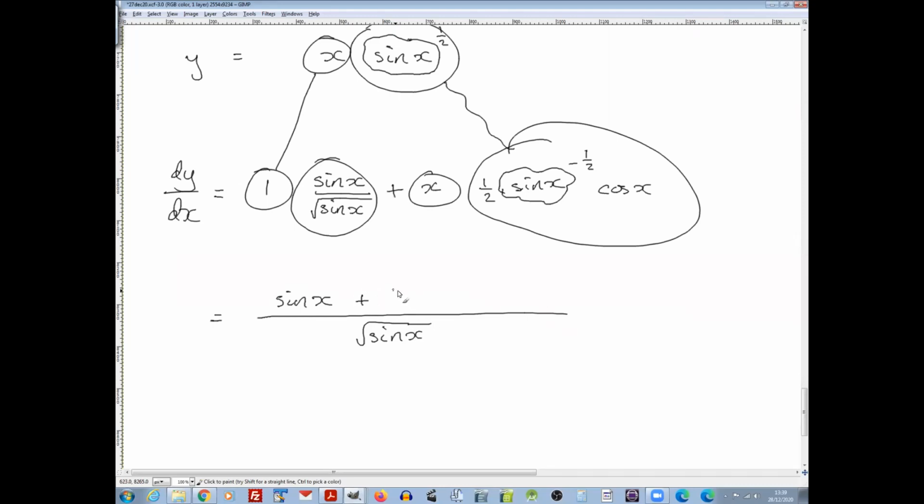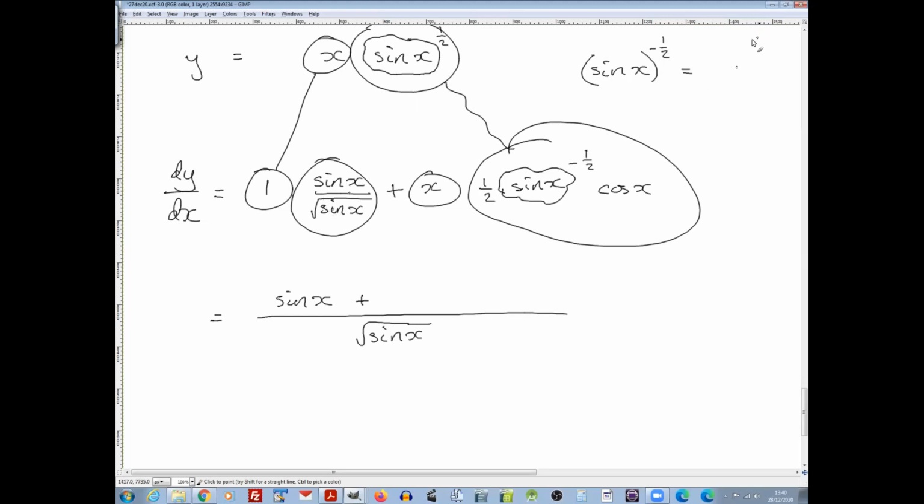I'm not quite sure how to say it now you've done it in that form. I mean, we'll just think about what sine x to the power of a half, to the power of minus a half, rewrites as. Sine x over minus root sine x? How can you rewrite sine x to the power of minus a half? Would it be sine x over minus root sine x? Well, that would be the complicated version.